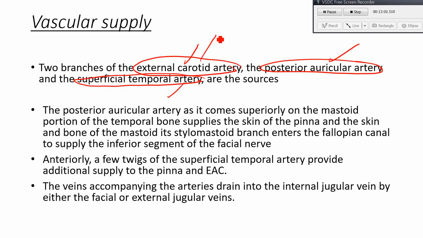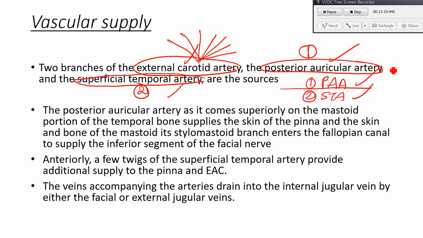As you know, the external carotid artery has 8 branches, out of which the posterior auricular artery and superficial temporal artery are very important. You can remember it as PASTA: posterior auricular artery and superficial temporal artery.